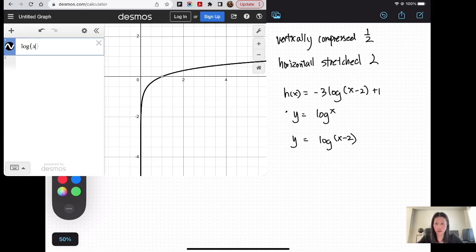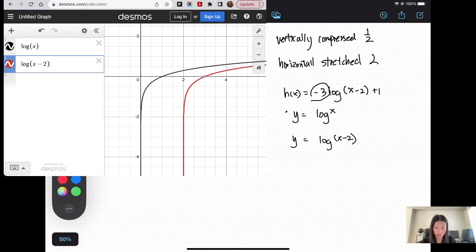Common log to the x is going to give me the black line, and then the second transformation is going to be the log shift to the right 2 units. So you get the red one after shift to the right 2 units, and then you times -3. Or you can do it two separately. You can do the negative first. So I will have a flipping from the red graph, right, vertically.